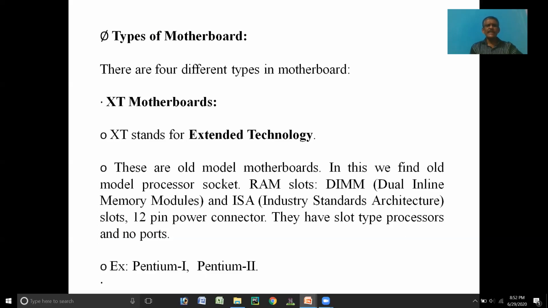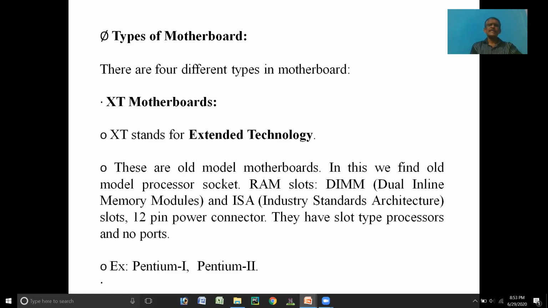Here ISA stands for industry standard architecture. All these expansions are very important for 1 mark question. Expand ISA, expand DIMM, like that. So ISA stands for industry standard architecture slots.